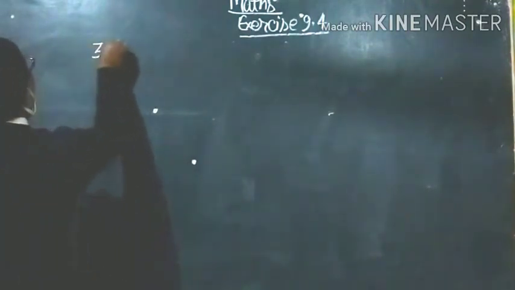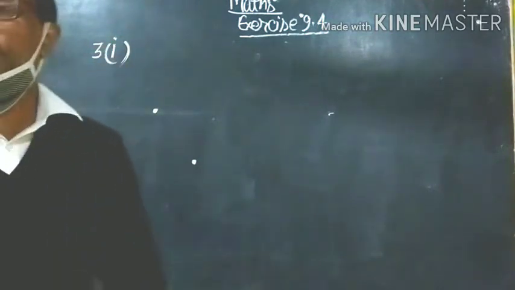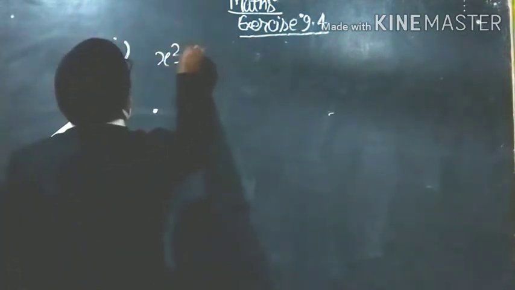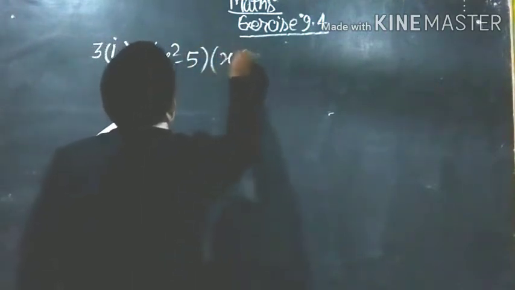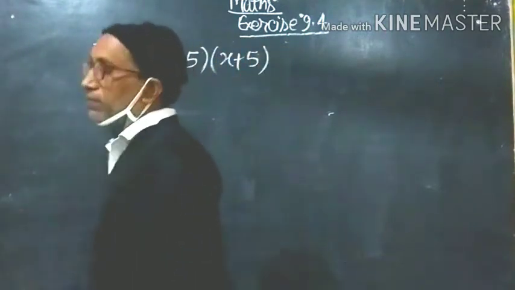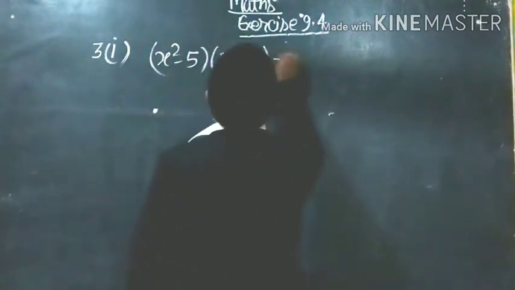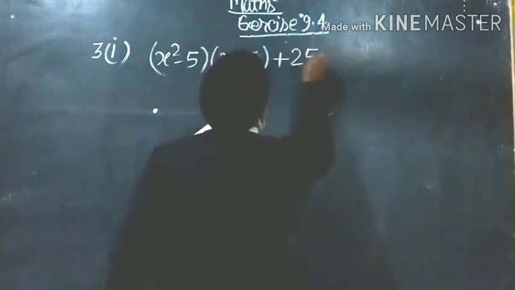Question number third, first part is: simplify x square minus 5 into x plus 5 plus 25. We simplify this question.